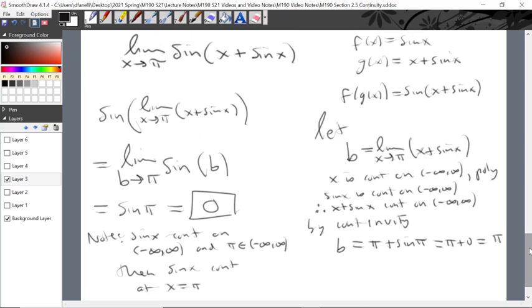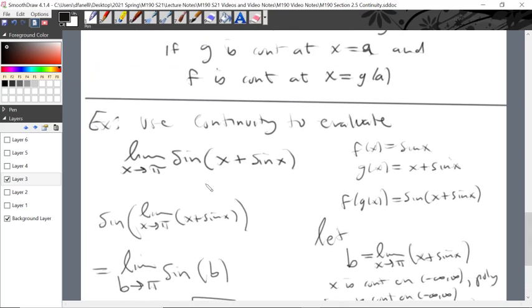So the limit here, as stated, is equal to 0. We pushed the limit to the inside. By continuity of the outer function, we were allowed to do that. Then we ran the limit on the inner function. The output of the inner function became the new input of the outer function, as long as the outer function was continuous at that output itself.